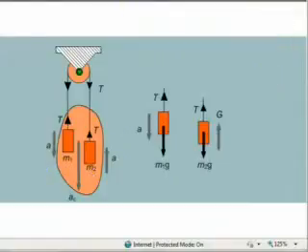Now we need to find out the acceleration of center of mass. So we already have the value of a and T. Now if we take both m1 and m2 as a system, the net force acting on the system is the tension 2T and the weight, that is (m1 plus m2)g.